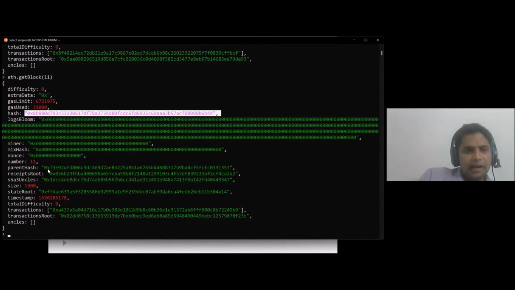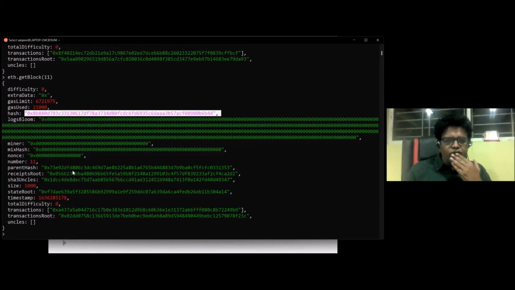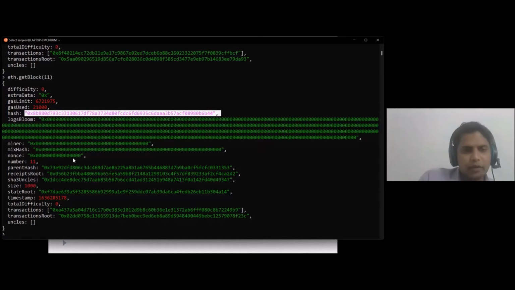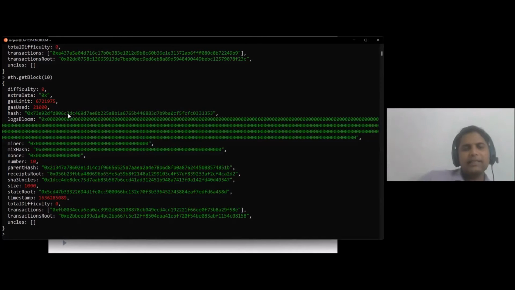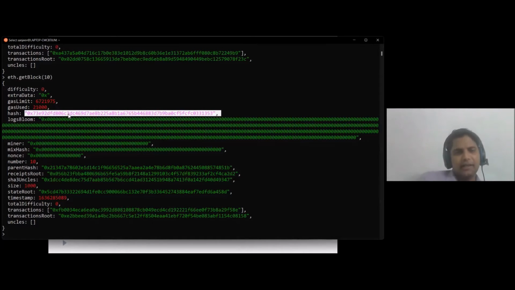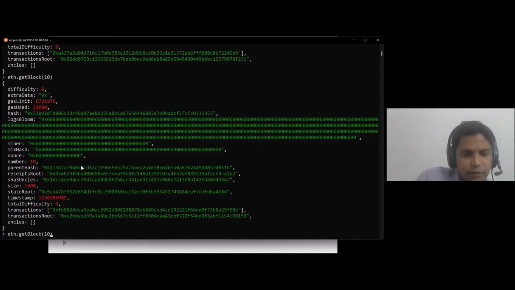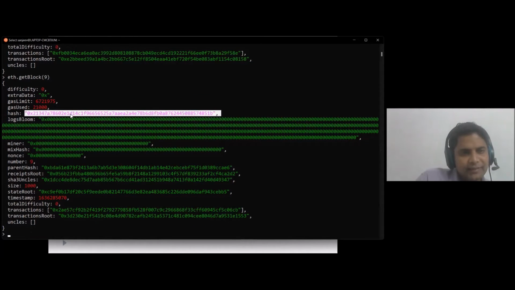And block number 11's parent hash is 73EE92. So if I go and look at block number 10, it will be 73. So that is why these blocks are linked together. And it will have a parent hash 2347. So 2347 will be block number 9's hash 21347. So you get the link like that, right?